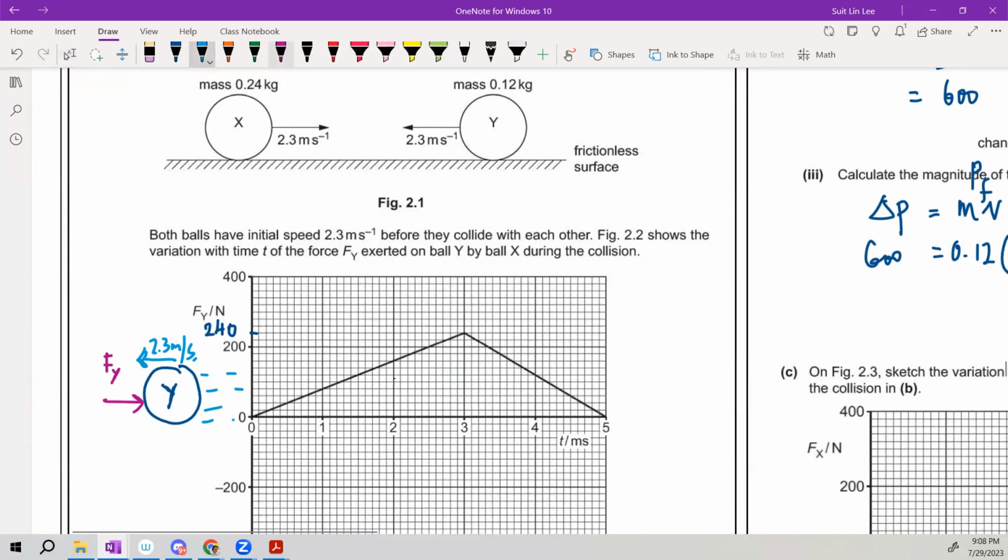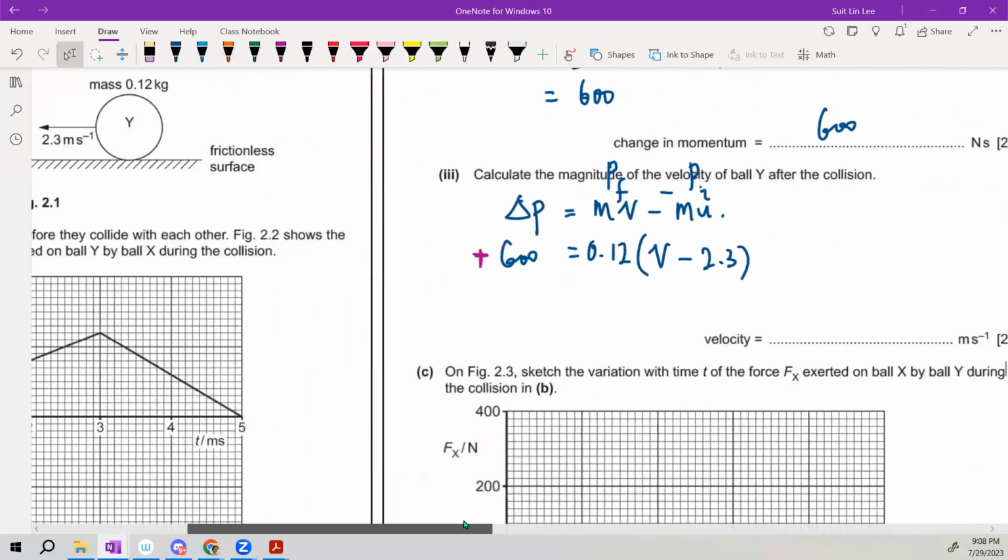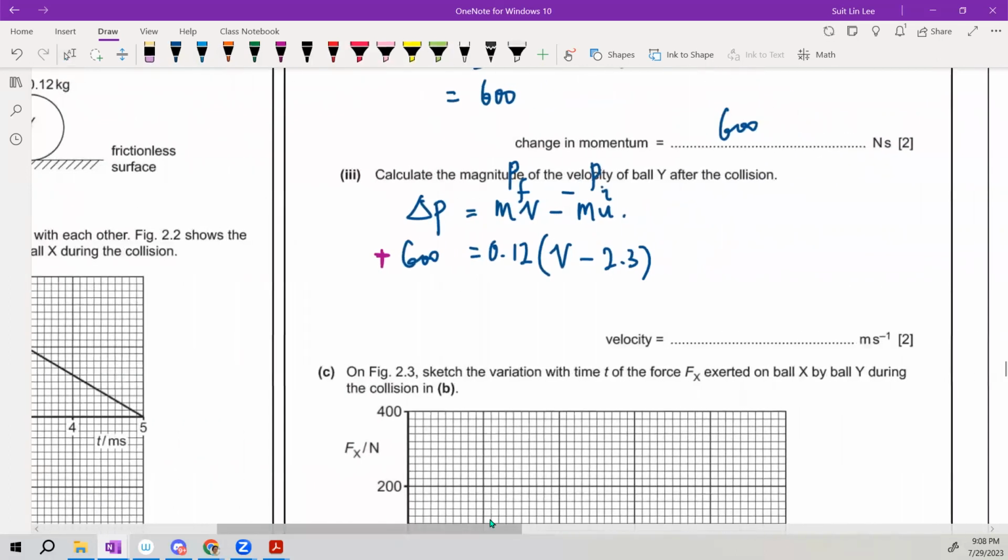Another way to look at it is the direction of force is here in the positive direction, meaning the impulse or the change in momentum is also in the positive direction. So this 600 gives a positive, but what about the 2.3? Negative. So be careful, you are still dealing with vectors, meaning this should be negative 2.3.